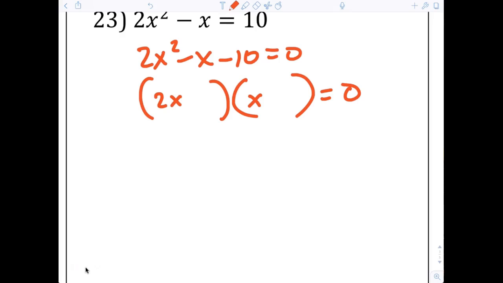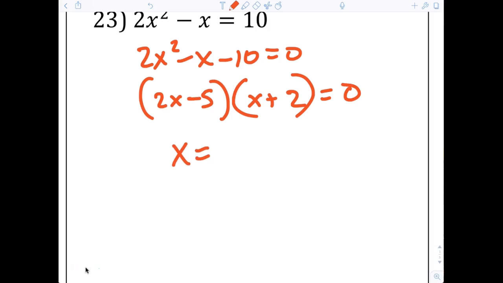And now factors of 10. Where do I want the 2 to go? On the right side. And now it would be 2x what? Minus 5 and plus 2.